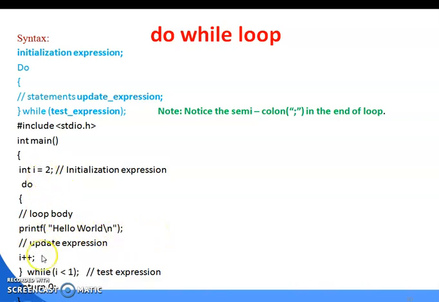Once you enter, then you check whether the condition is satisfied or not. Here i equal to 2, and 2 is not less than 1. The condition is not satisfied, but the minimum one time hello world will be printed on your screen. That is the demerit of the do while loop, right?